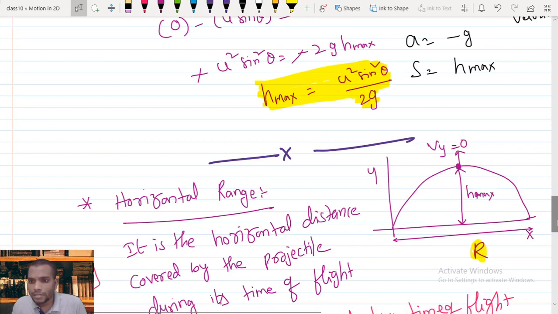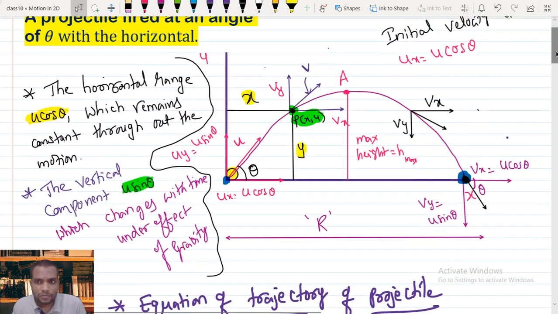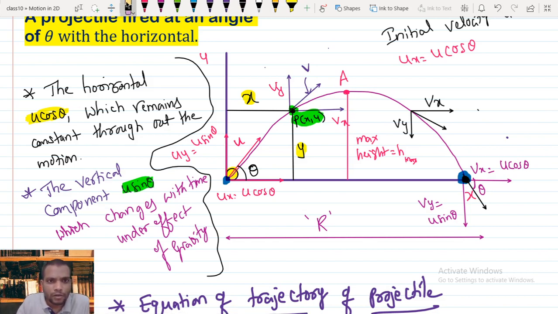So this is all about the derivation. In projectile motion, particularly when launching at an angle theta with the horizontal, there are two important factors during the motion: the horizontal component u cos theta, which remains constant throughout the motion, and the vertical component u sin theta, which changes with time because of gravity.